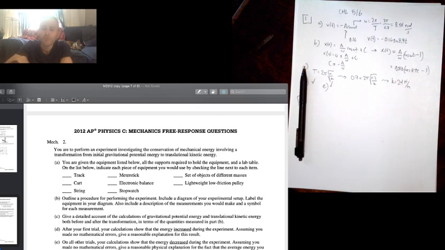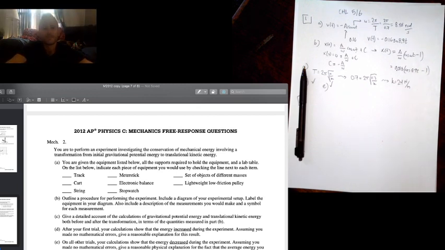Okay. So there's a lot of different possibilities here. You're definitely going to need a meter stick because if you're going to get gravitational potential energy, you need to know y.